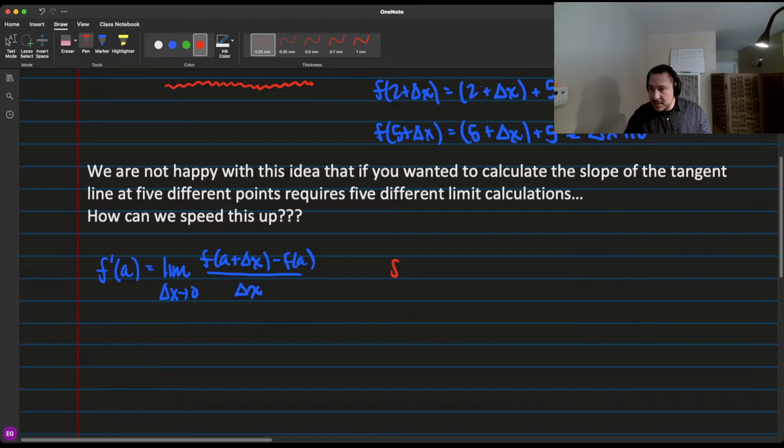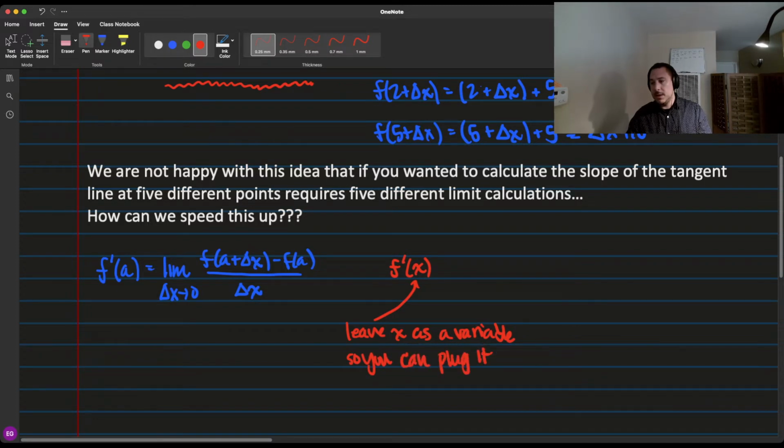Instead, what you're going to do is leave a variable x so that you can plug the number in later. Leave x as a variable so you can plug it in later.